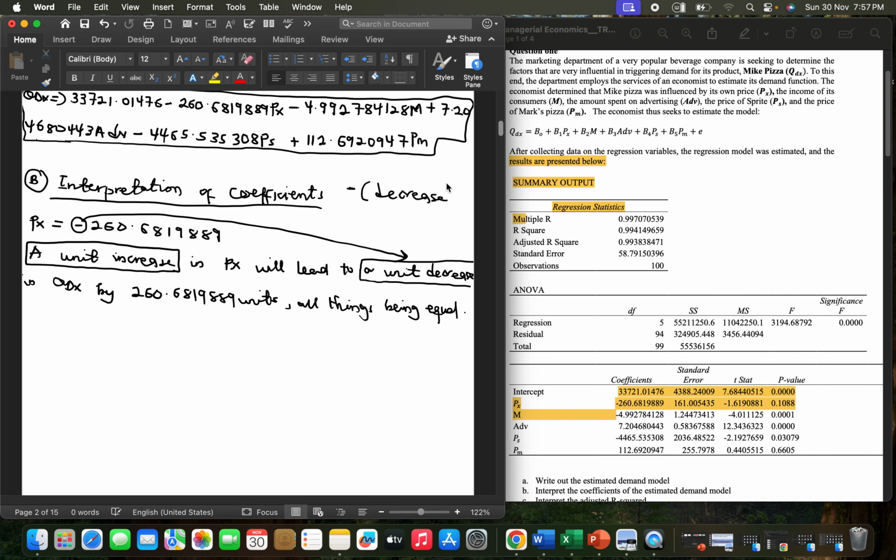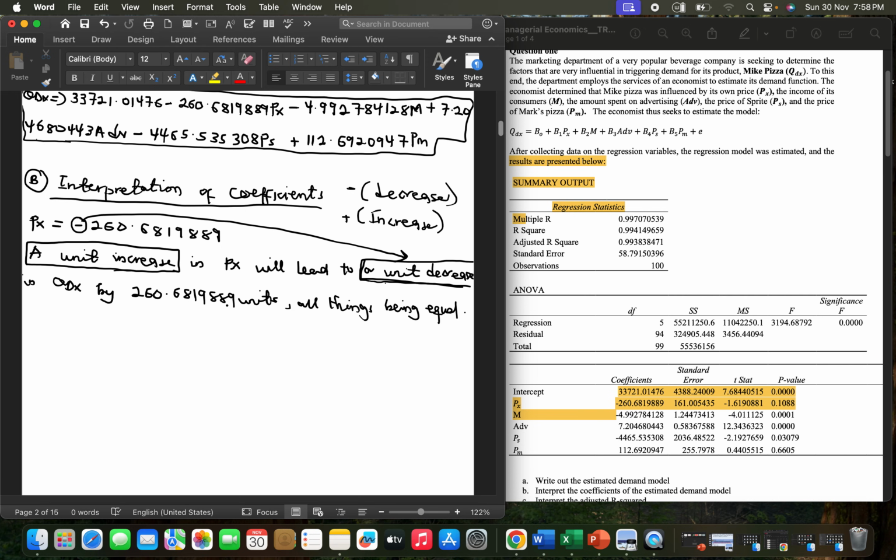I'm taking my time to explain it well. It only applies to this side, but we always start with a unit increase, whether it's negative or positive. The negative or positive depends on this side. So assuming this number was positive 260, I would have written a unit increase. But since it was negative, I wrote a unit decrease. Then it follows in that order.